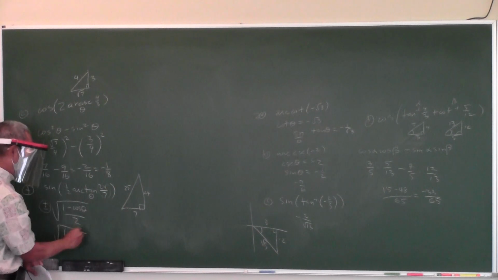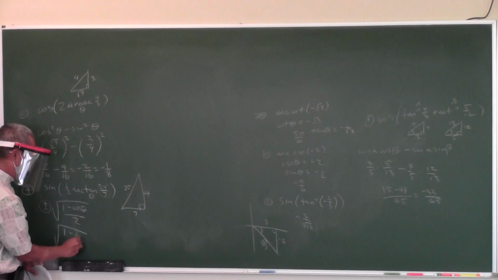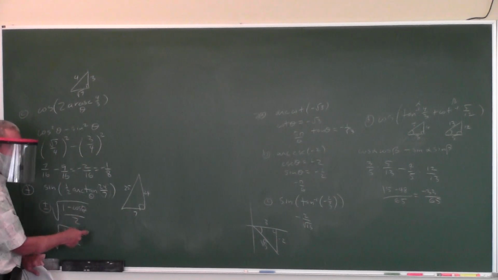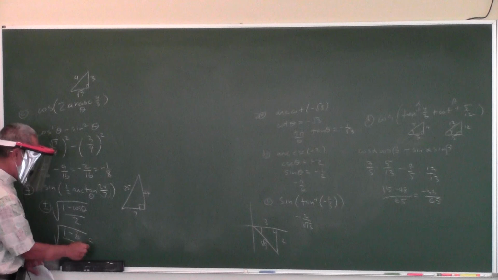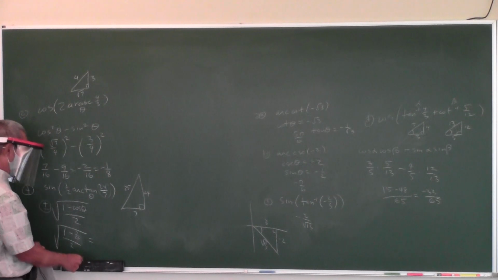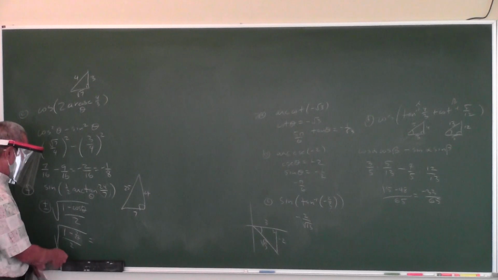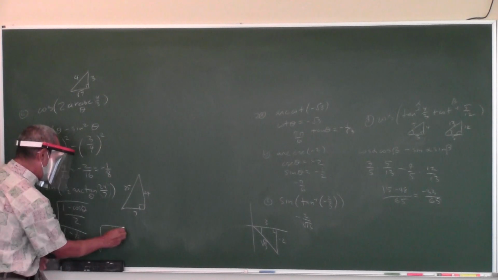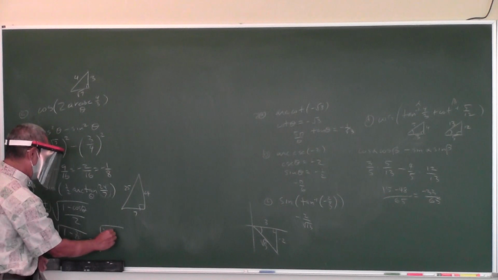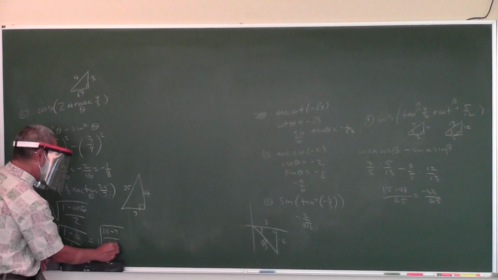Cosine is adjacent over hypotenuse. I can't believe the number of people that got this, but couldn't simplify it to get the answer. This is pre-algebra right here. What would I do? I would multiply top and bottom, inside the radical, by 25. So 25 minus 7 over 50.